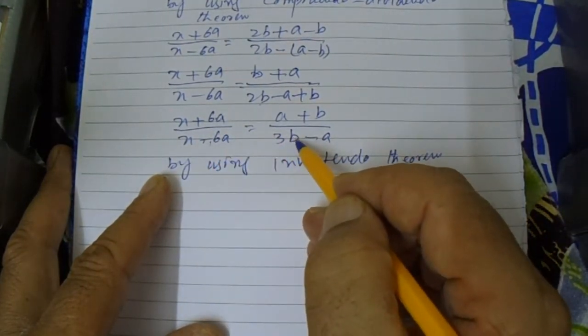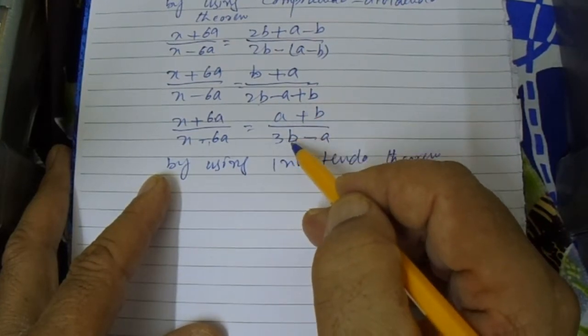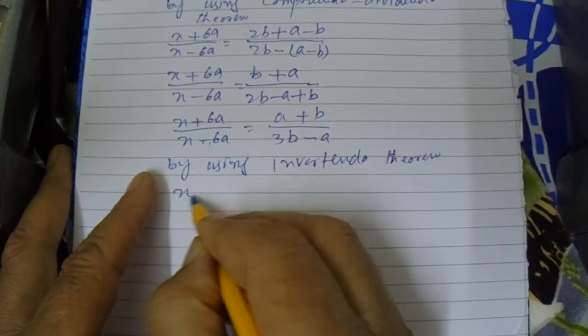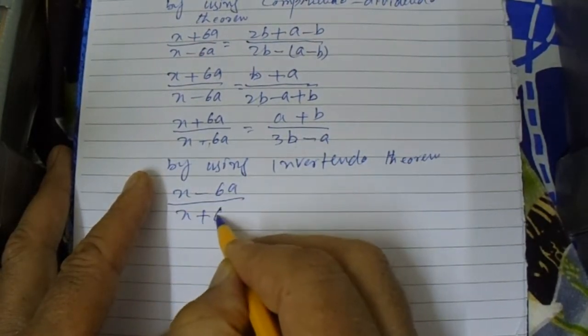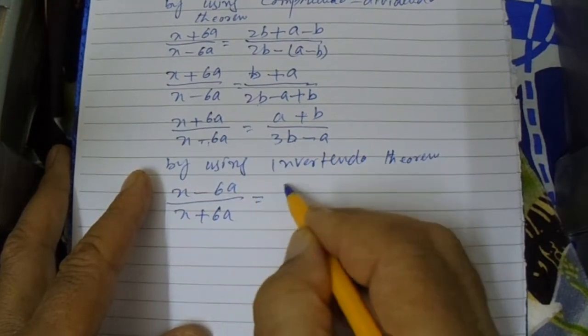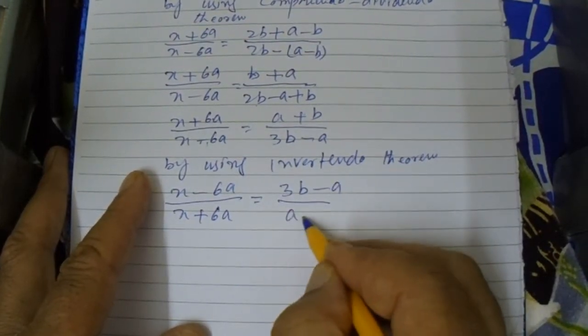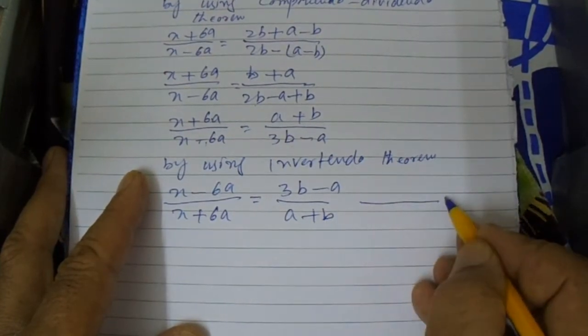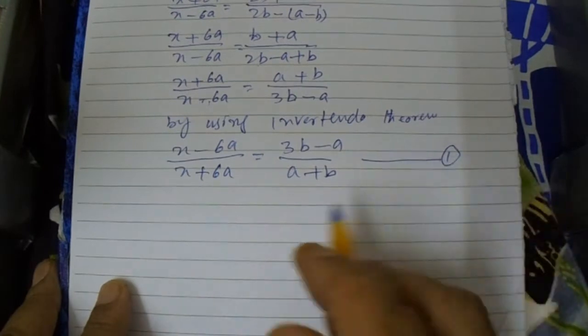Similarly this will become the numerator and this will become the denominator. Now x minus 6a over x plus 6a is equal to 3b minus a over a plus b. Now this is our first result.